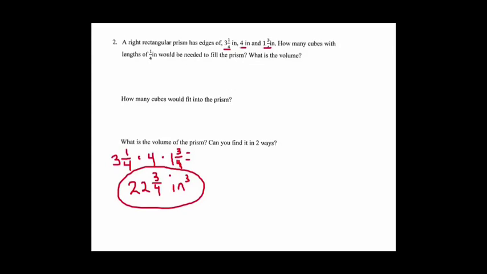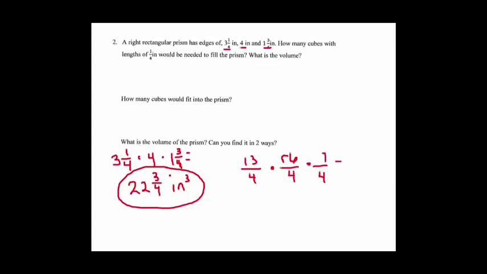Now the other way in which you can find this is by going back to how we used the dimensions in the first problem. We had 13/4. 3 1/4 is equal to 13/4, 4 times 1/4 is equal to 16/4, and then 1 3/4 converted into fourths is equal to 7/4.